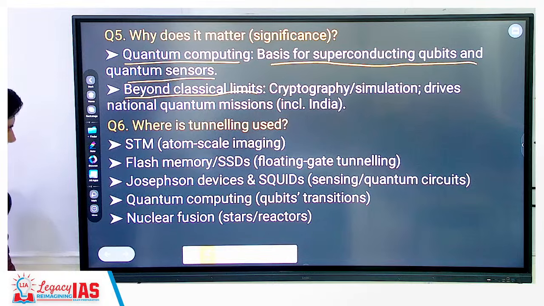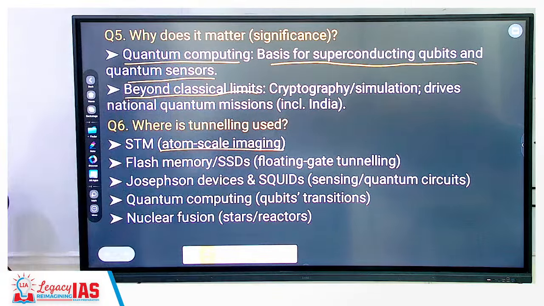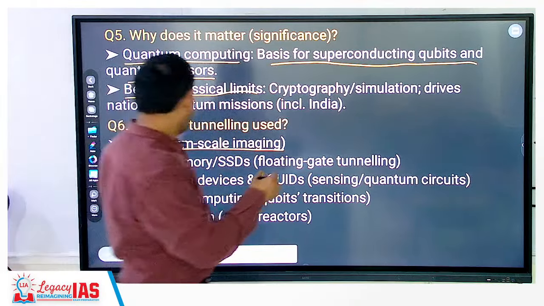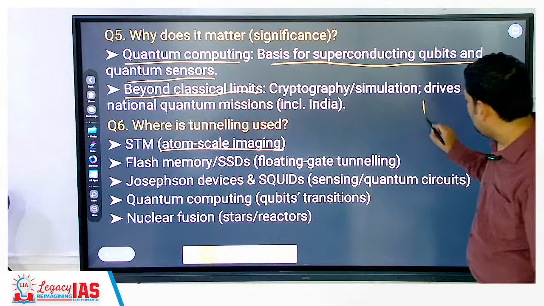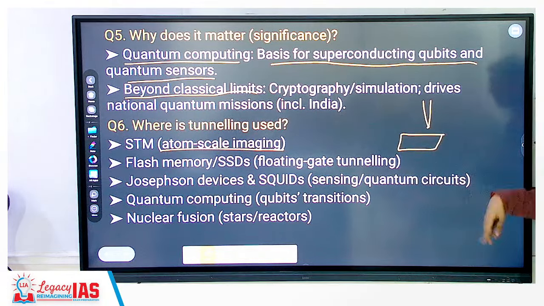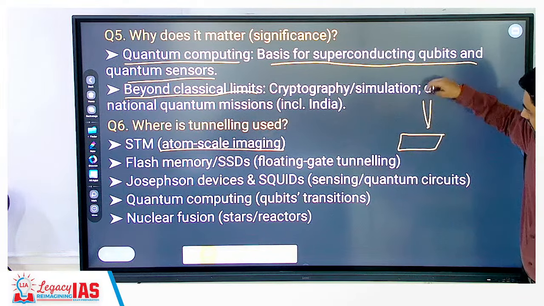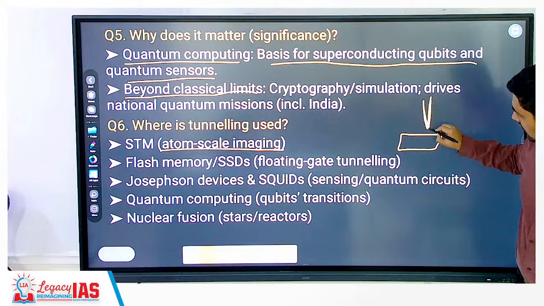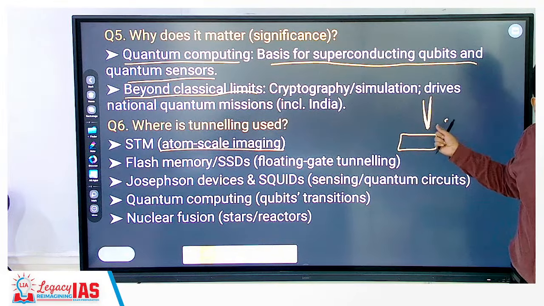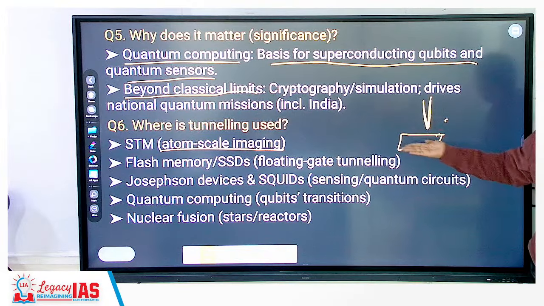This is atom-scale imaging, the STM. Let's say this is a needle-like structure with some very small particles, and it is kept just above the surface whose structure it wants to understand.